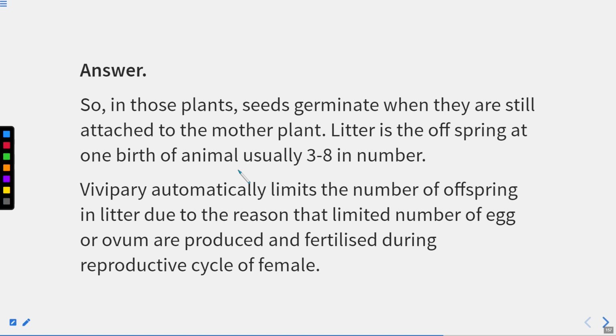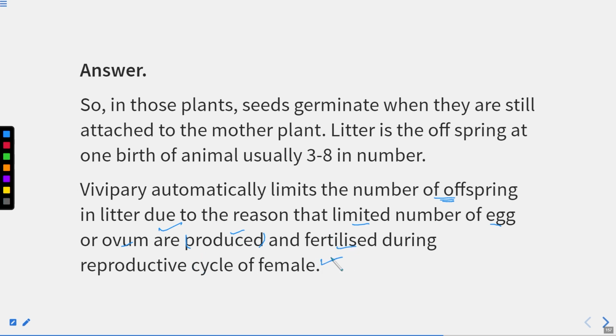Now, vivipary automatically limits the number of offspring in a litter, because a limited number of eggs or ova are produced. During vivipary, a limited number of eggs or ova are produced and fertilized during the reproductive cycle of the female.